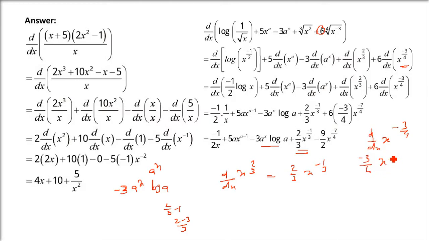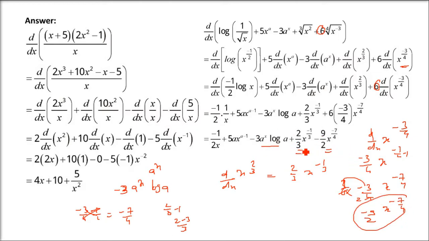It is the fourth root, so minus 3 by 4. Minus 3 by 4 minus 1 is minus 7 by 4. Please remember, fourth root of x is there. So the fourth root we took in the numerator, so it will be minus 3 by 4. Then we differentiated it, so it became minus 3 by 4, x raised to minus 7 by 4. 6 was already there, so this becomes 3, 2, 3, 3 is a 9, minus 9 by 2, x raised to minus 7 by 4. Okay, this is this one. One by one we have done.